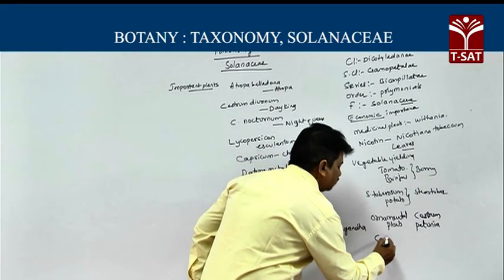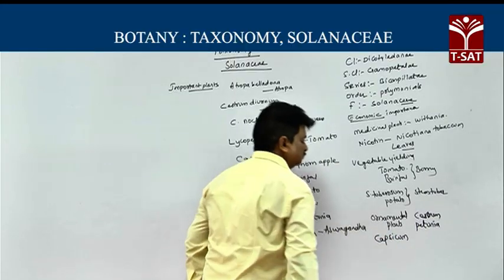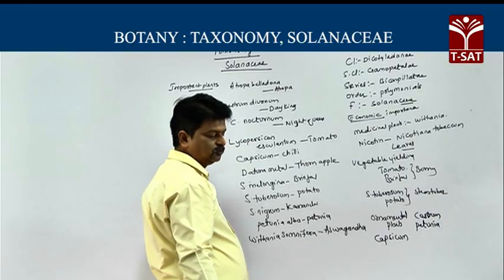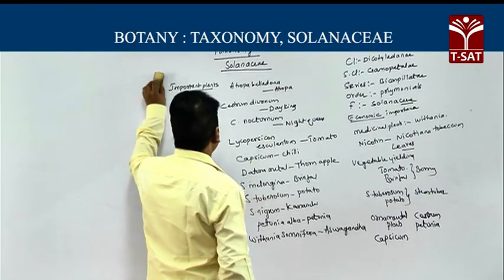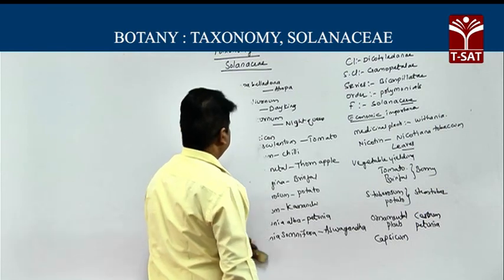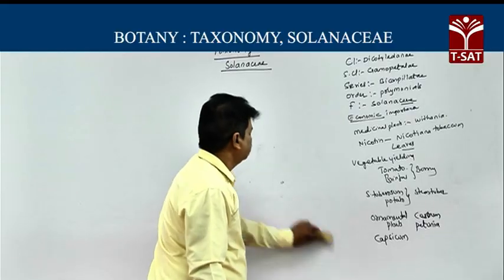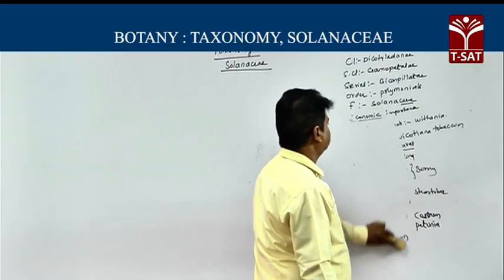Then capsicum powder is obtained from Capsicum frutescens. It is used as spice. So these are important plants as well as economic importance of Solanaceae family. Now, characters of this family.